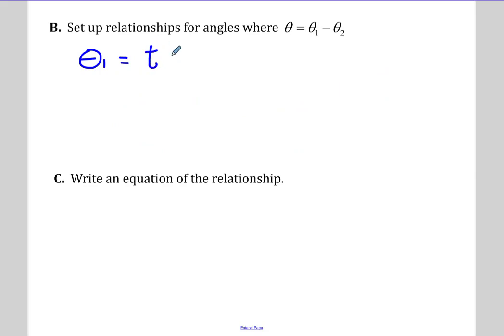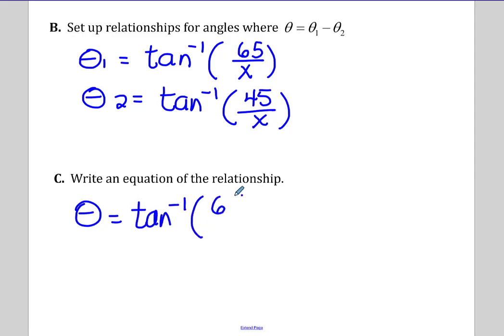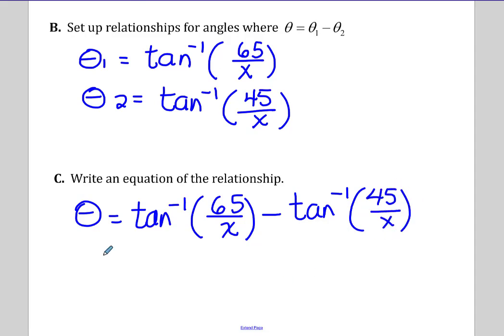Theta 1 is the inverse tangent of 65 over x, and theta 2 is the inverse tangent of 45 divided by x, and the relationship would be theta equals tan inverse of 65 over x minus tan inverse of 45 over x.